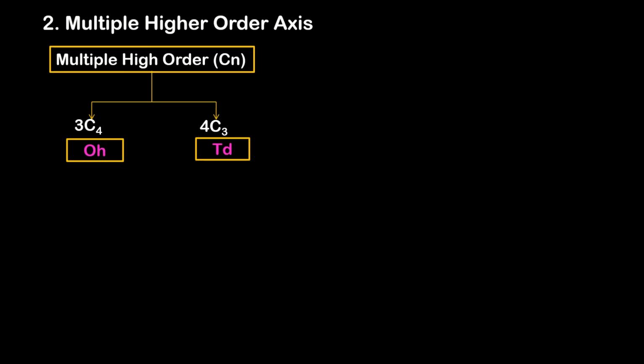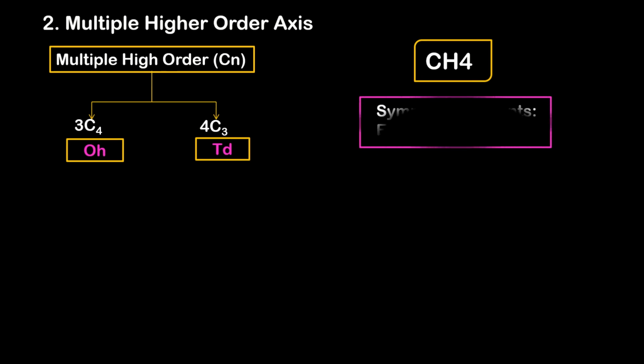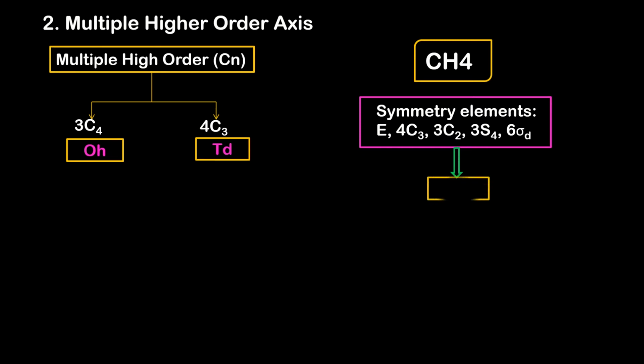Now understand this by taking the example of the methane molecule. Methane molecule has these symmetry elements, so the point group becomes tetrahedral. It has improper rotational axes 3S4, 3C2, 4C3.